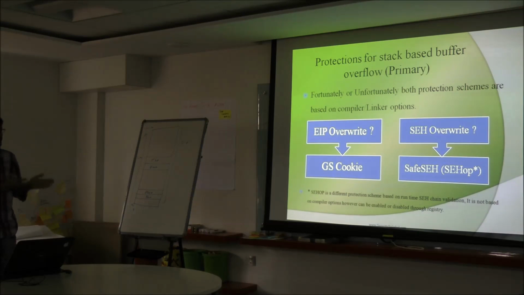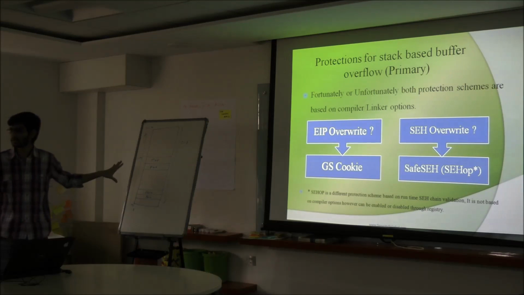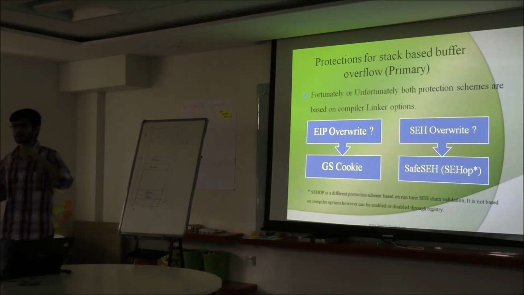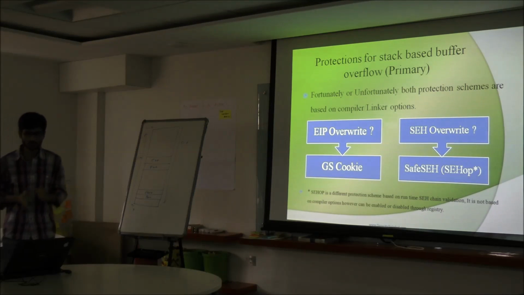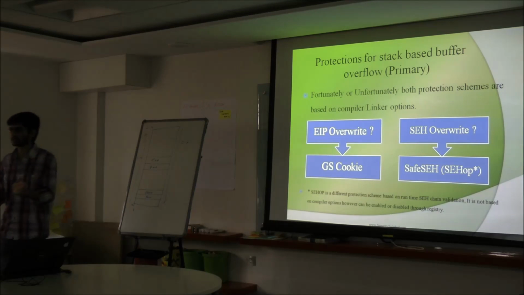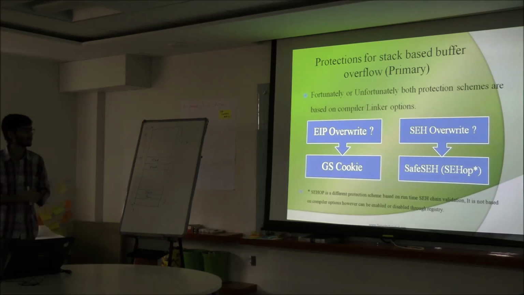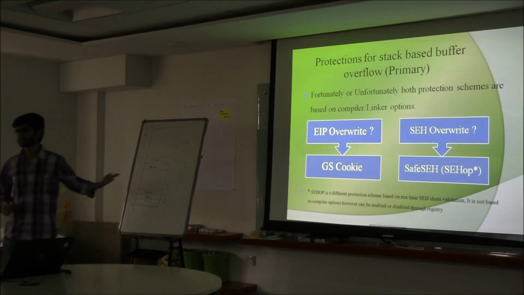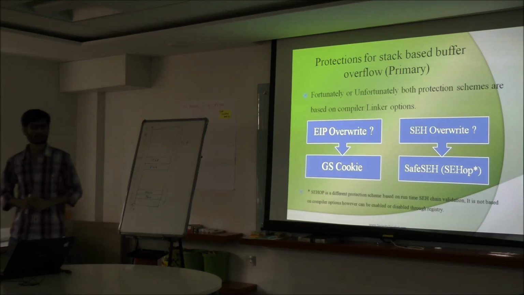But because these things are very crucial, and you are taking advantage of, or compromising the integrity of, another computer, the operating system, or the entire community and authorities, take preventive measures. When you overwrite the EIP, you have the GS cookie. I will talk a little about what the GS cookie is and how it works.